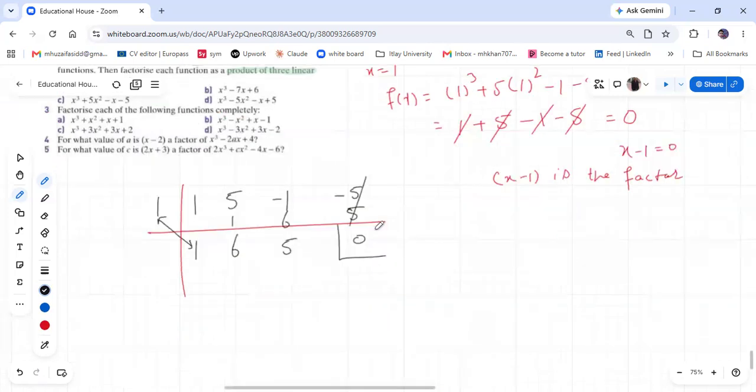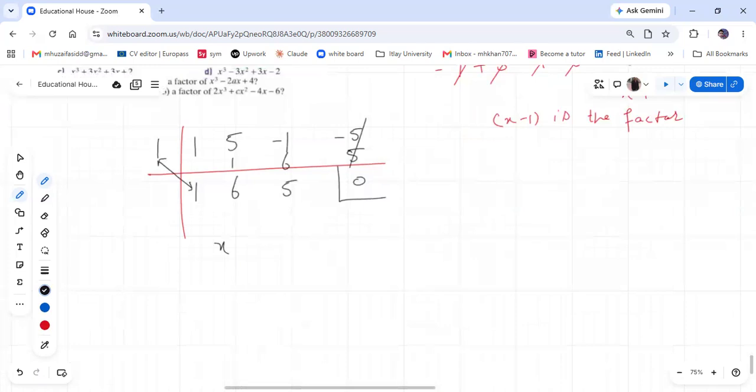On the behalf of this, I'm writing x square plus 6x plus 5. Okay. Now we are making our factors. So this is x square plus x, and 5x plus 5.